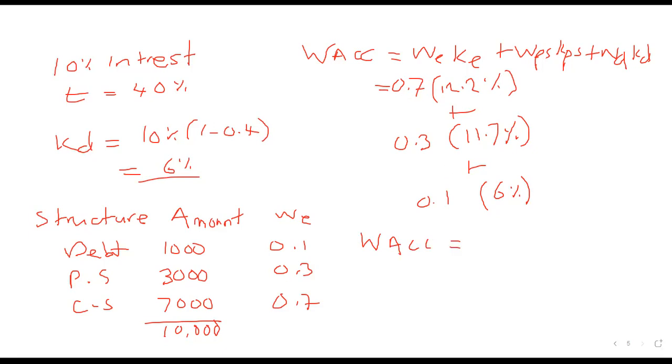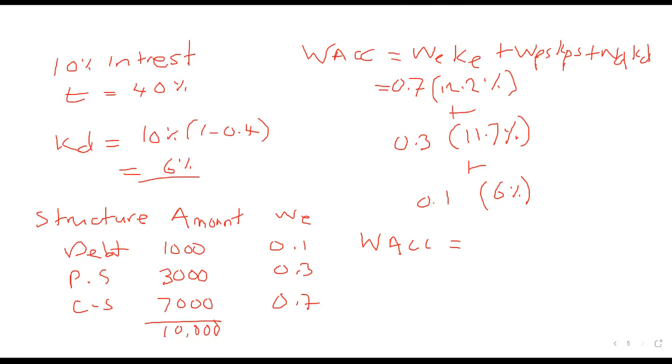So you multiply 0.7 times 12.2, plus 0.3 times 11.7, plus 0.1 times 6%.